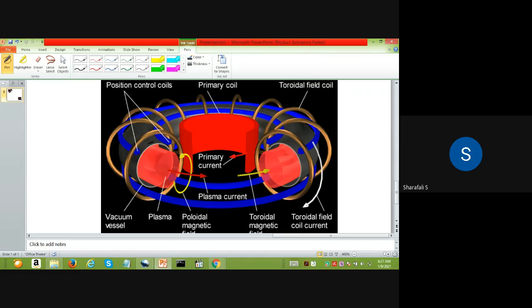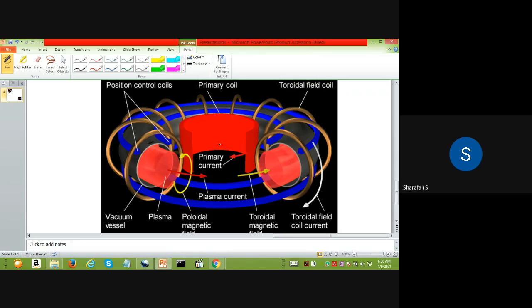So we have coils to confine that plasma in this particular range. Okay, this is the technique normally used nowadays. Currently it is still in use, and people are trying to improve its structure and efficiency.